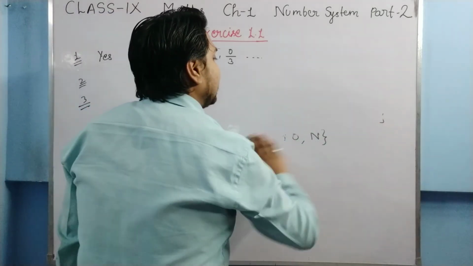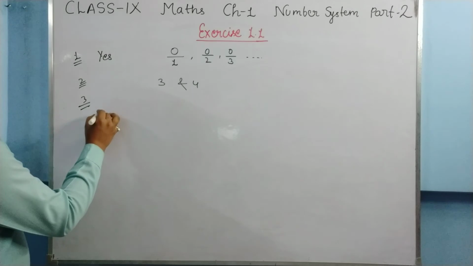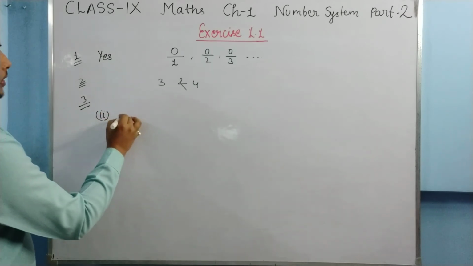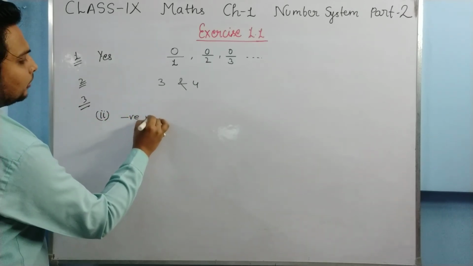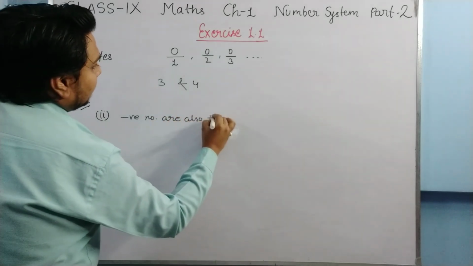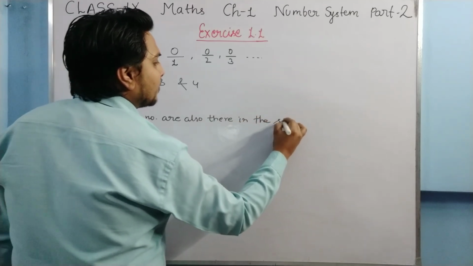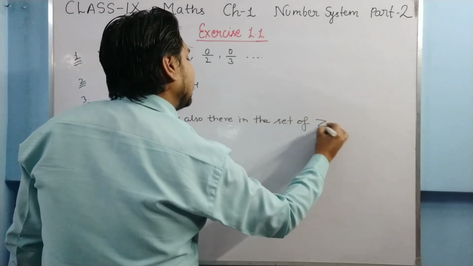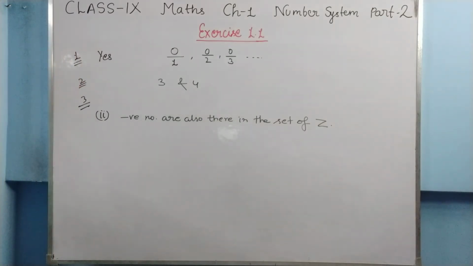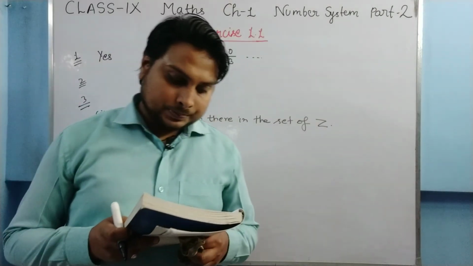Okay, this reason you will write for the second part. So that is why we cannot say that every integer is a whole number.